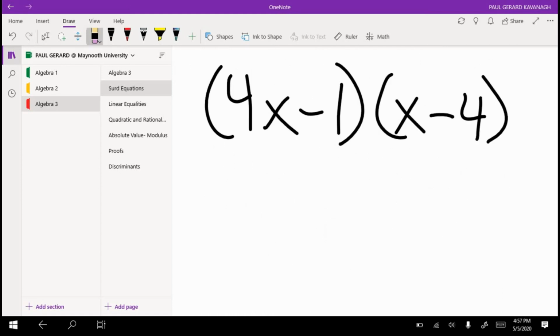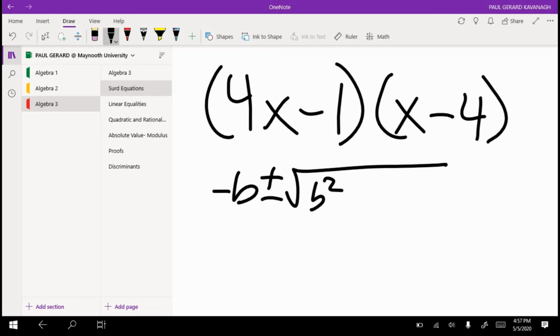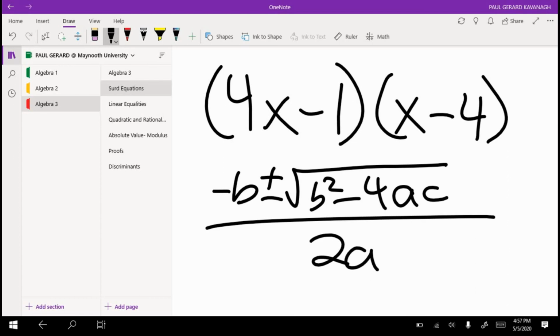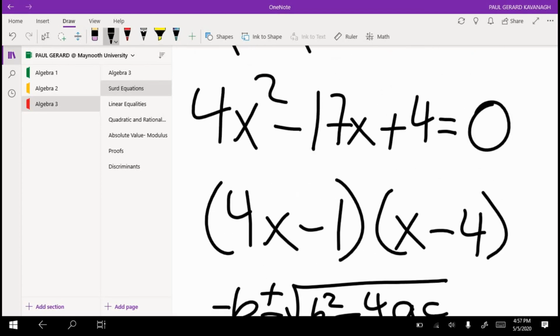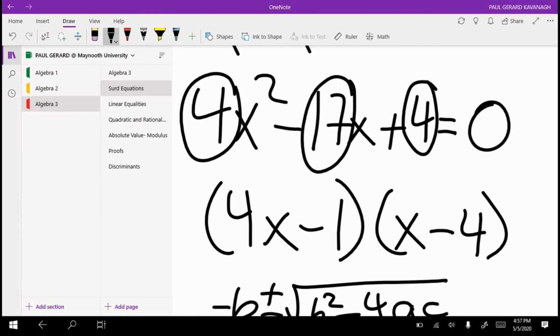Now if you wanted to do it by the square root rule, it would be minus b, no, I skipped something there, minus b plus or minus square root of b squared minus 4ac all over 2a. And if you look at this, you're going to have your a as 4, your b as 17, and your c as 4.